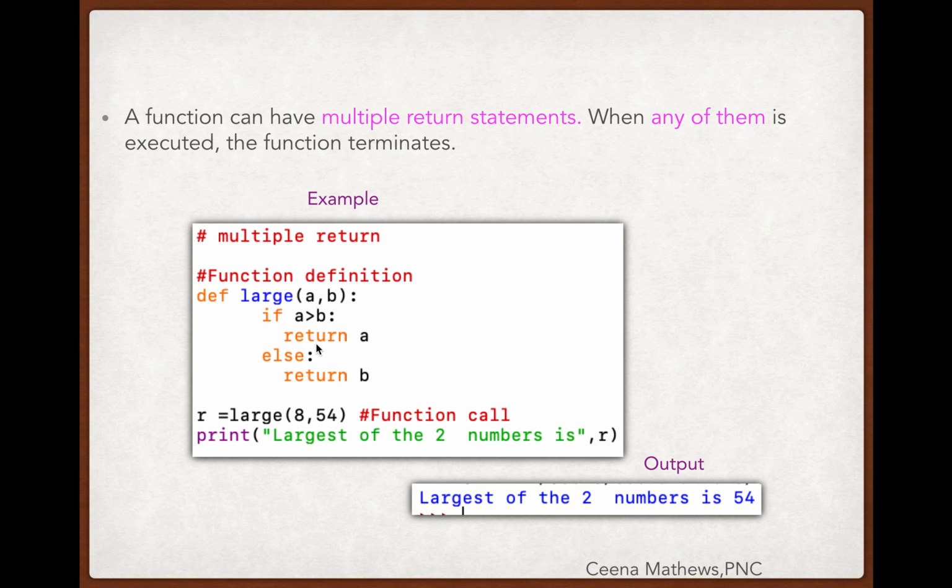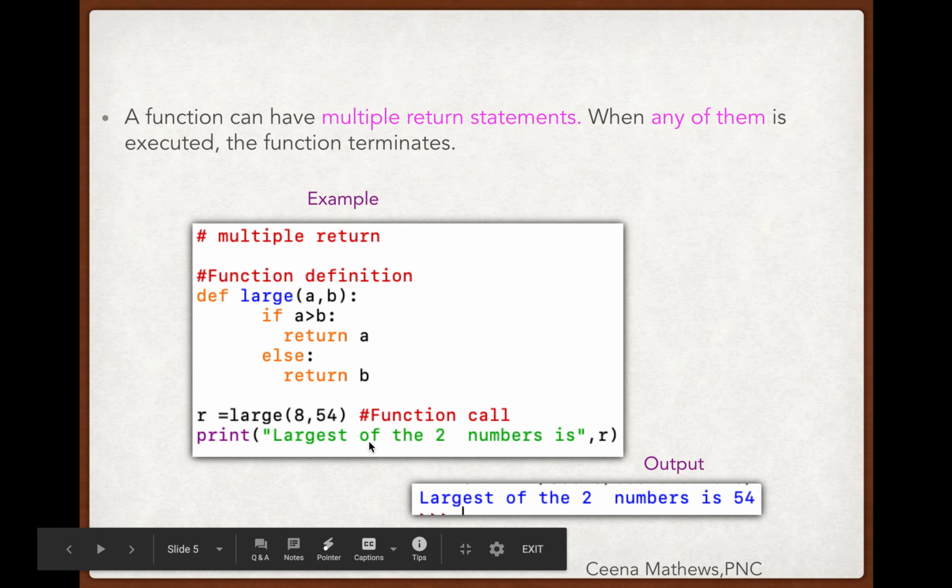If a is greater than b, it will return a. If a is less than b, that is, if b is greater, in that case it will return b. These returned values will be assigned to r in the function call, and the result is printed using print. As you can see in the output, the largest value has been printed as 54.